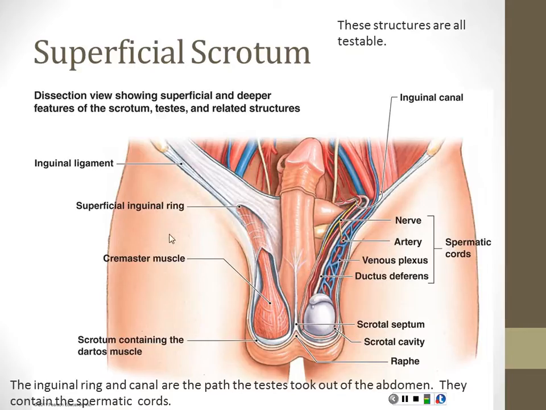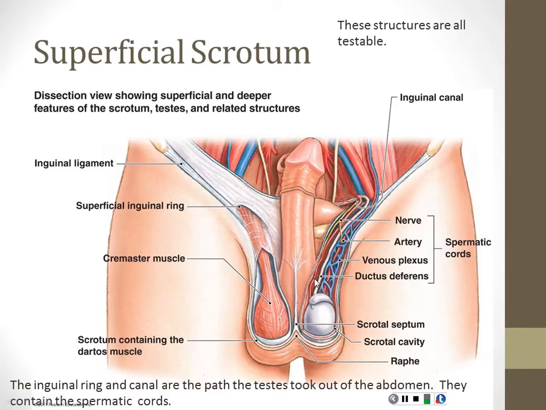So even though the testis is way down here in the scrotum, its connections go up through the inguinal canal as the spermatic cords, and that includes nerves to the testes, arteries, there's two or more, and the veins, which for the testis is more of a plexus, or a network of veins. It's not like one vein, it's a complex network of veins. And then you have the ductus deferens, which carry sperm from the epididymis up to the urethra.